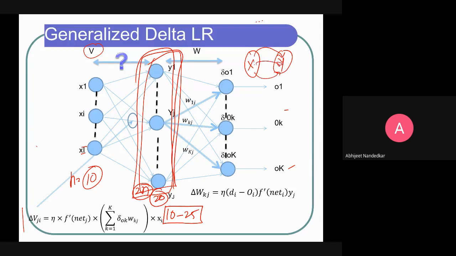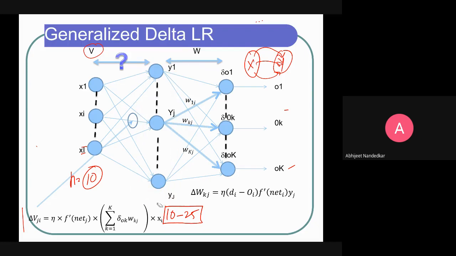This mapping happens with the help of increasing the dimensions. When you increase the dimensions of input, there is quite a bit of chance that they will get linearly separated. So that's why I said that you go with 2n.